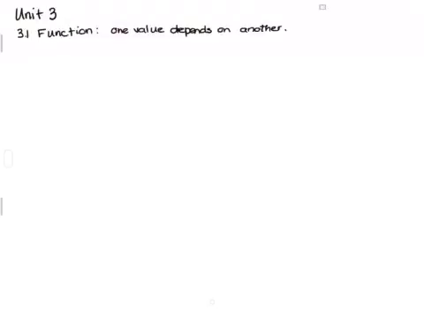So the cost depends on the time. So obviously in life, all the time you have one thing depending on another. Let's just look at a very simple example.